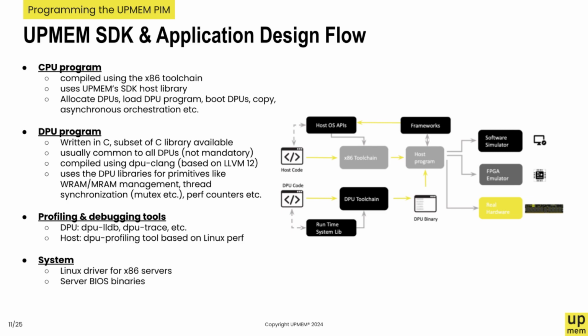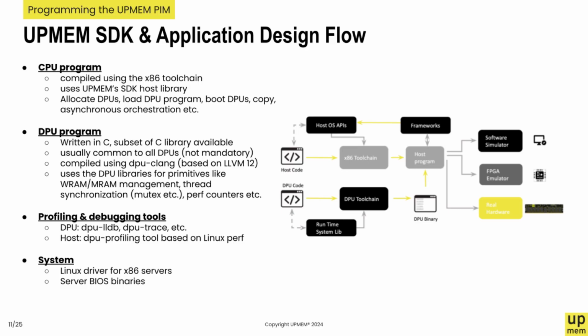Usually, when we do an application, we write a single program that we execute on all DPUs, but you don't have to. You can have different programs, different DPUs doing different jobs. The compilation is done with a fork of Clang that we provide that's enabled for DPUs.